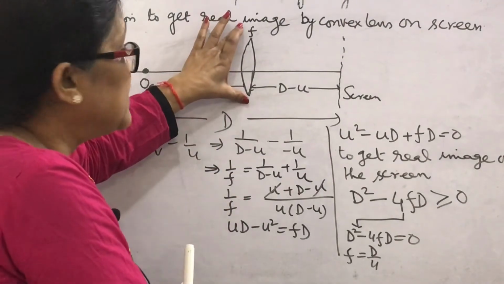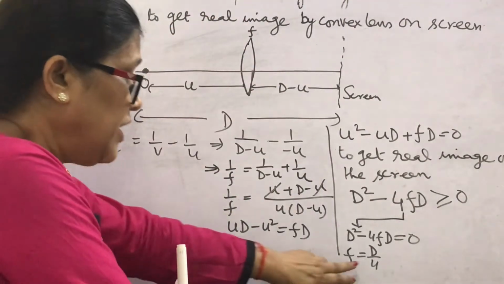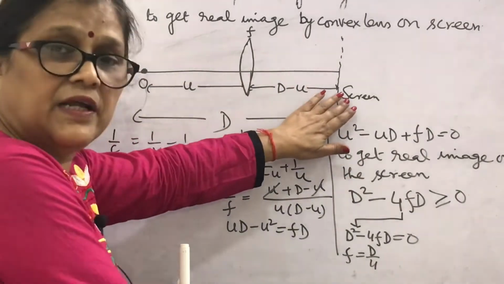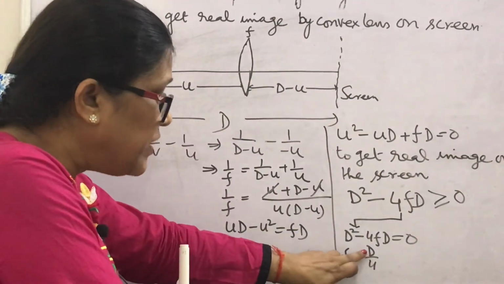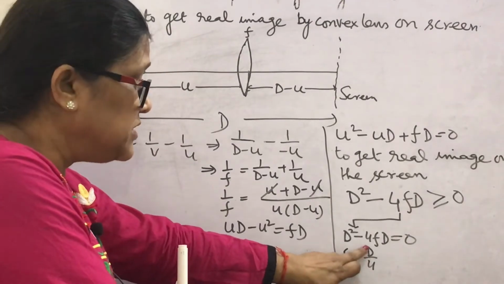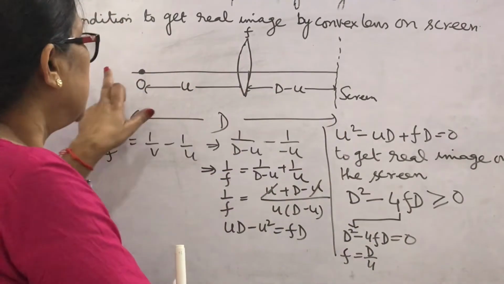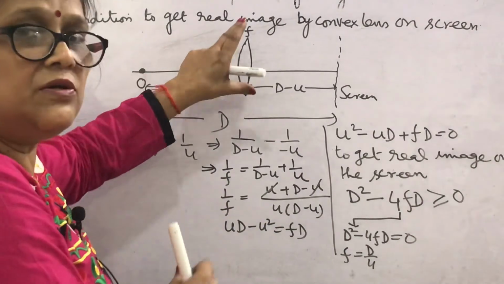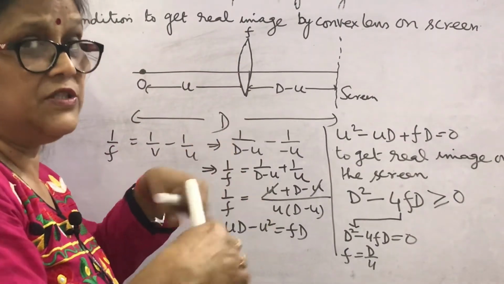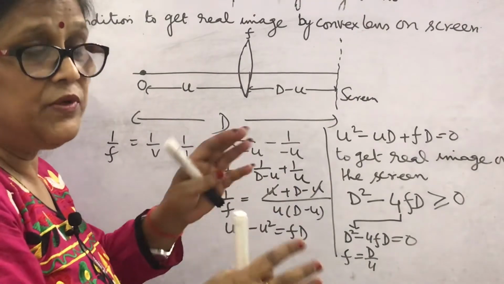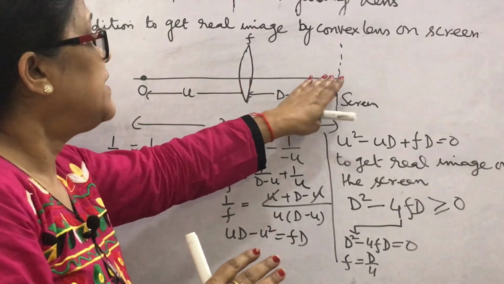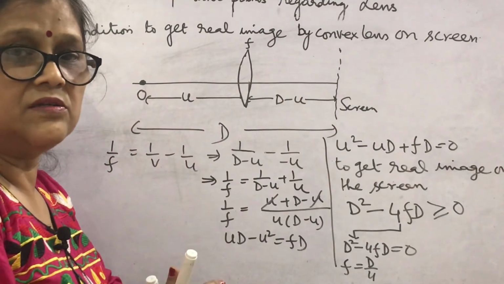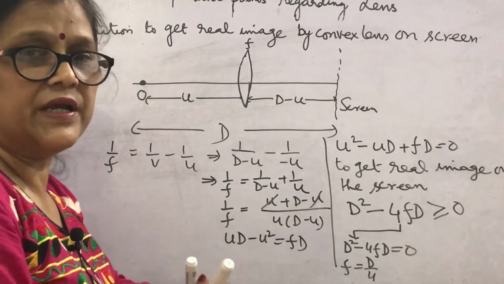If the focal length of the lens is equal to 1/4 of the distance between object and screen, which is capital D, then only one position of the lens is required. For one position of the lens, you will get a real image on the screen. So only for one position you will get it.